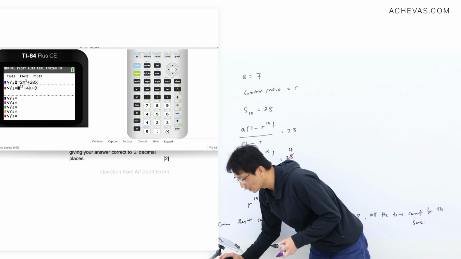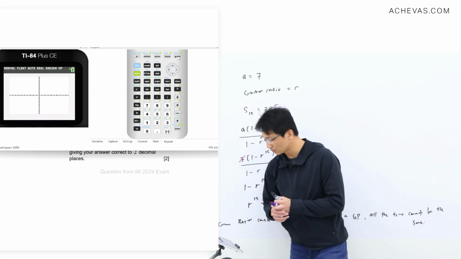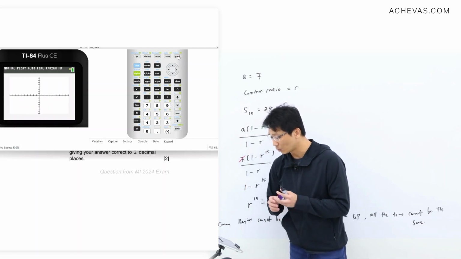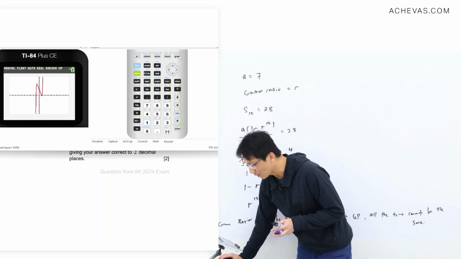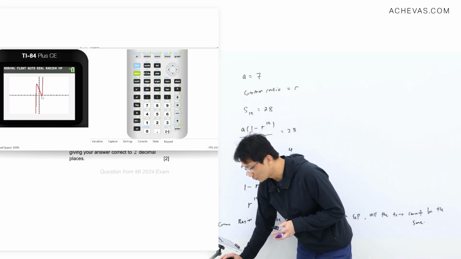So that is the second equation here. What we're going to do is graph this now. When I graph this, I will get a graph that shows that we have 3 roots: one here, one here, and the other one here.